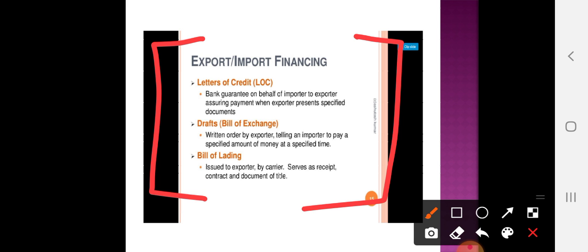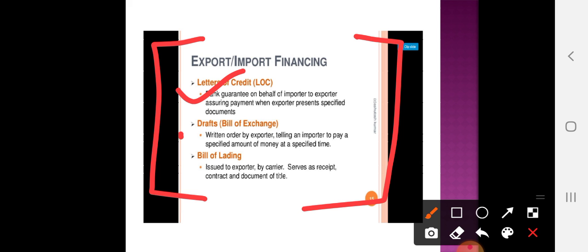In this, the bank gives a guarantee of payment on behalf of the importer after specified documents are produced. The bank prepares a statement which includes a guarantee of payment from the side of the importer. To whom should this LOC be given? It should be given to the exporter of the goods and services.